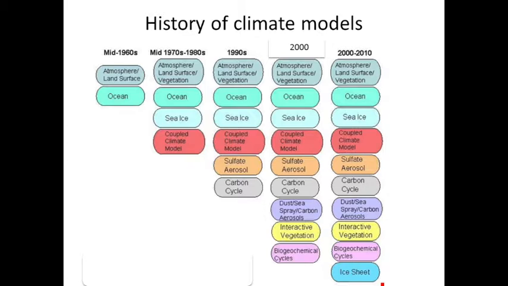And the coupled climate model. So we improved this interaction between ocean and atmosphere.